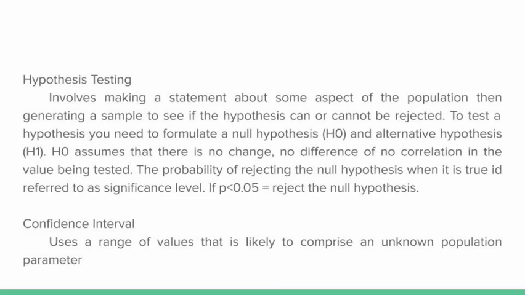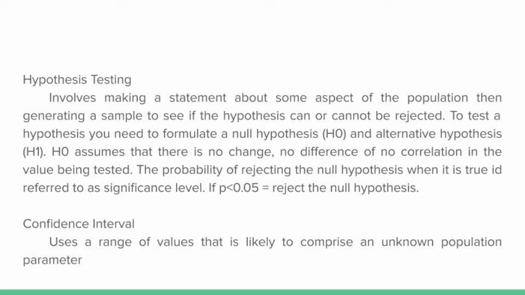Hypothesis testing involves making a statement about some aspect of the population, then generating a sample to see if the hypothesis can or cannot be rejected. To test the hypothesis, you need to formulate a null hypothesis and alternative hypothesis. The null hypothesis assumes that there is no change, no difference, or no correlation in the value being tested.